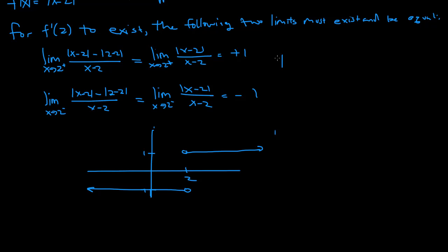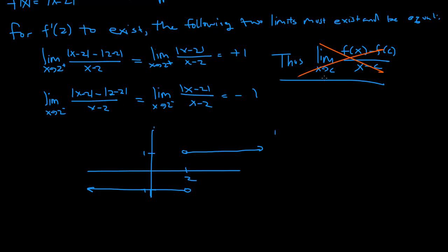Thus, the limit as x approaches c of f of x minus f of c over x minus c does not exist. Because these two don't match up, the general two-sided limit does not exist. Since that does not exist, that means the derivative does not exist.